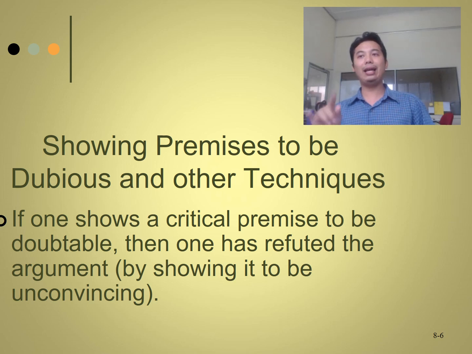But if it is a critical premise, and you prove that the critical premise is false, then you can prove that the conclusion is false as well. Okay? All right. So let's carry on. Let's go to the next one.